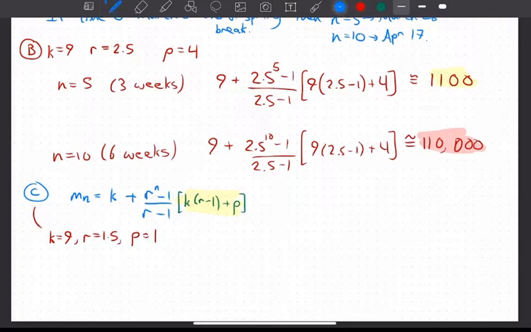Now what does this situation look like in 3 weeks? Possibly 3 weeks from last Sunday or something. Who knows? We don't know what k is. But this gives us, everywhere there was a 2.5, we now have a 1.5.